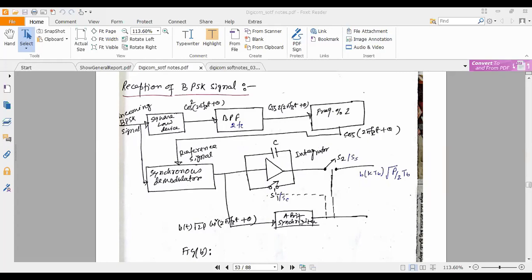The bit synchronizer actually switches these two switches. Synchronization takes place between these two switches. Which switch we close first and which is closed later is done by means of this bit synchronizer.